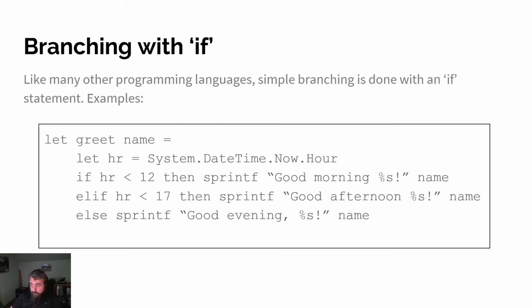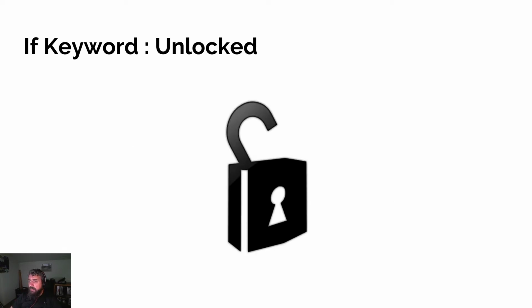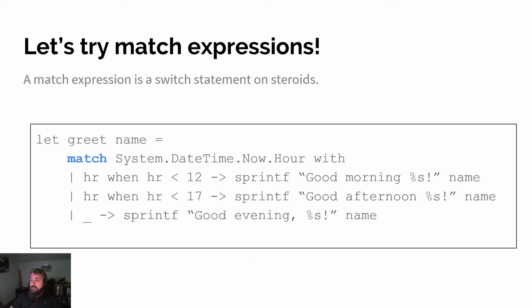And then it does a quick check to say, all right, if the hour is less than 12, then we're going to sprintf, which is basically the same thing as a print format or a string format, "Good morning %s" with the name as the second parameter there, and elif and else, which is just your standard stuff that you would expect out of an if statement. But in practice, F# offers match expressions right out of the gate, and it has from day one of its existing.